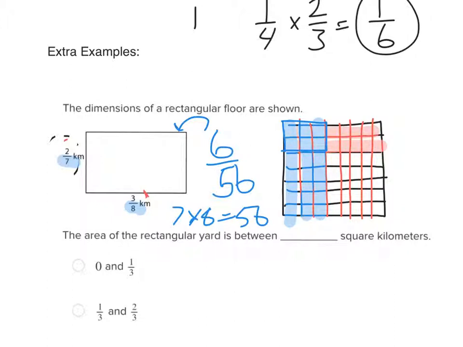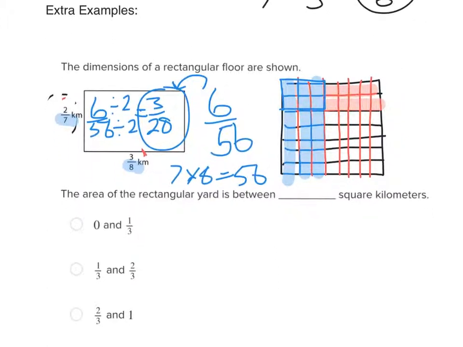It should be simplified. So 6 out of 56, I could divide those both by 2, and I'm going to get 3 out of half of 56 is 28. Okay, so it's 3/28.